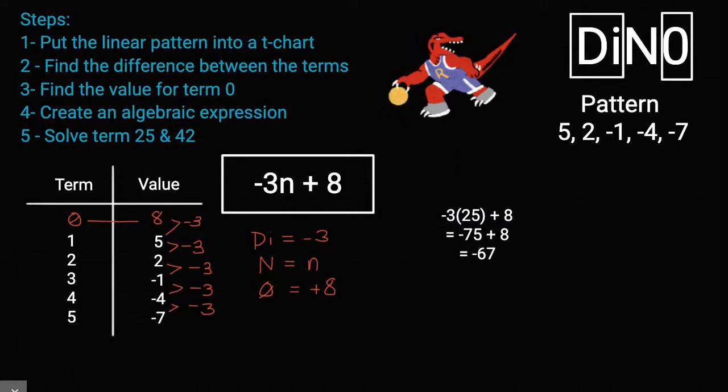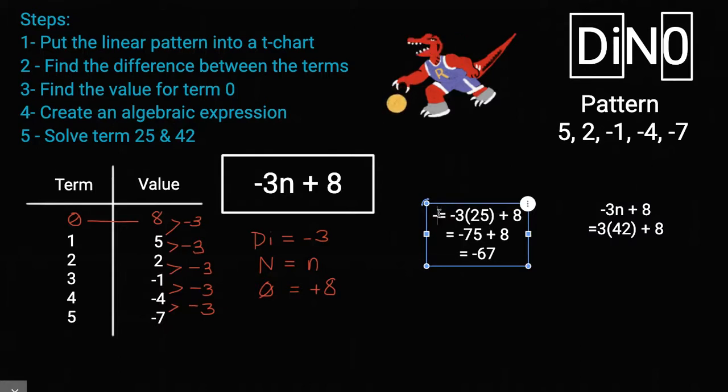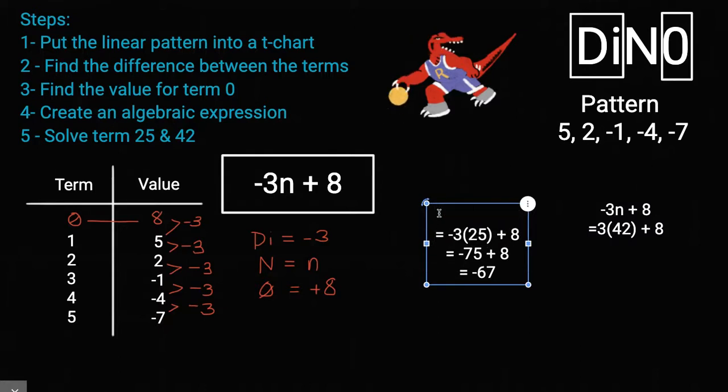Okay. I am now looking for term 42. So again, negative 3n plus 8. I will then replace my variable with the term I'm looking for, negative 3 times 42 plus 8. I thought that this equation looked wrong, and it was wrong because I forgot to include my expression.